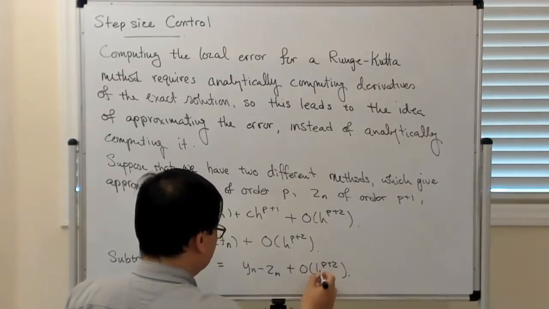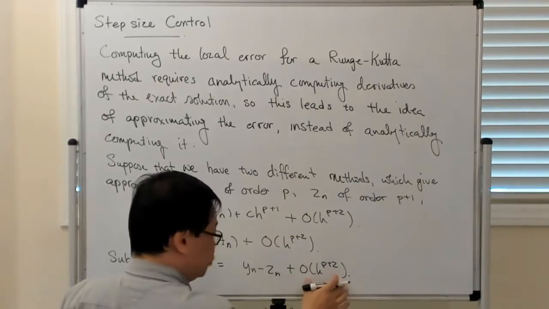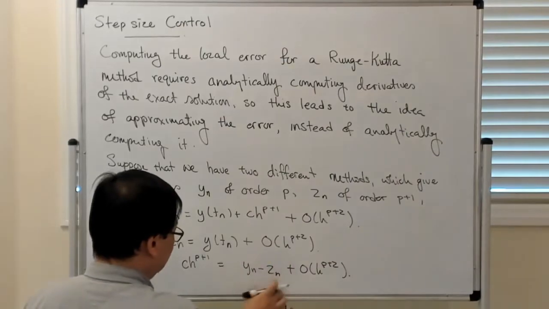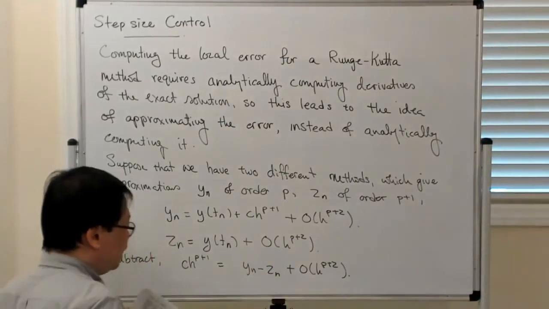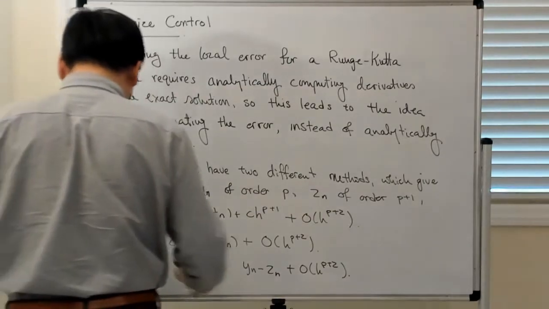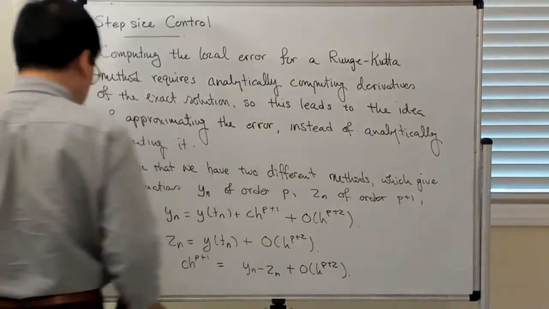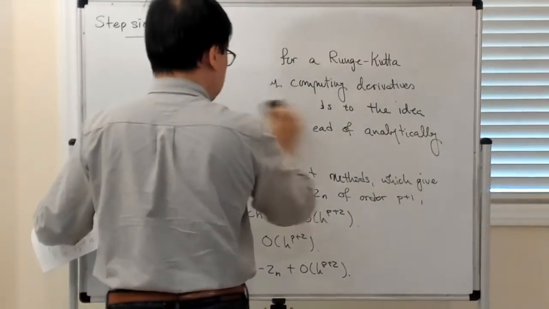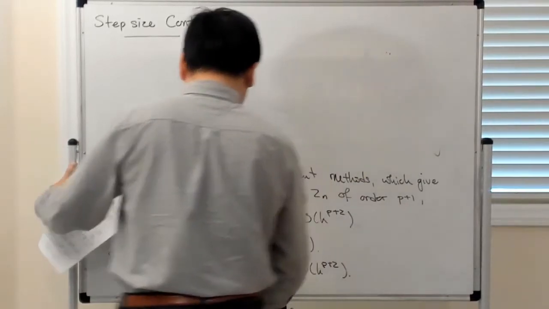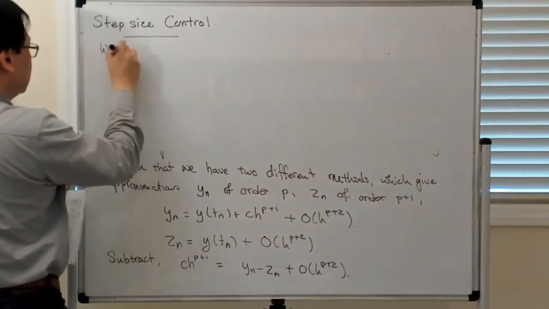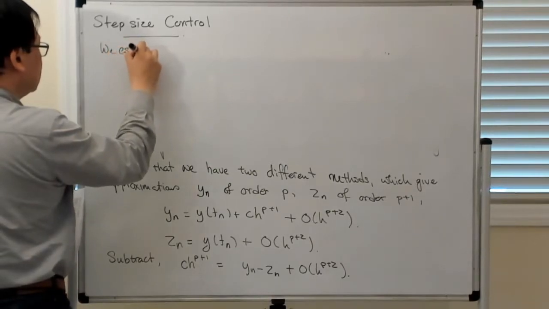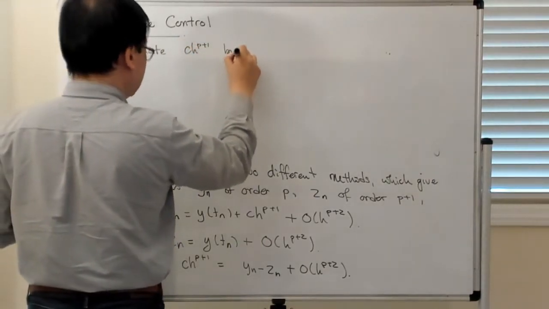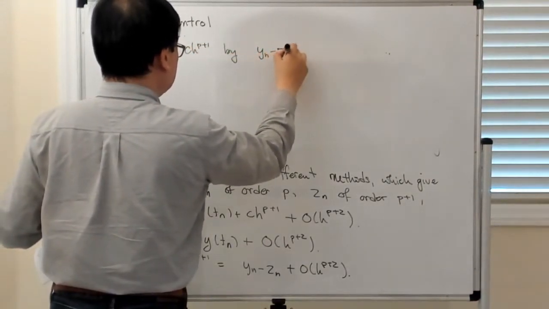As is often the case, we'll assume that this is small enough that we can ignore it, and so we'll say that Ch to the P plus 1 is approximated by Yn minus Zn.